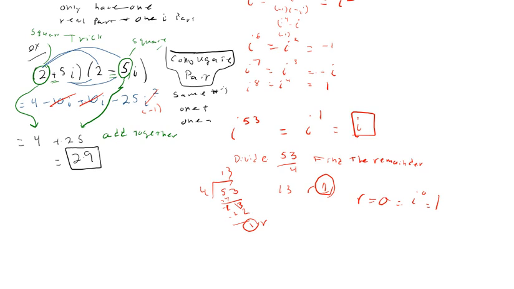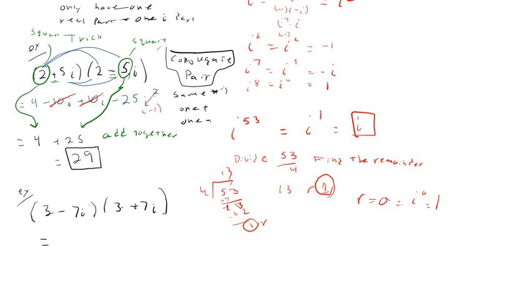So for example, everybody, if we had another one, 3 minus 7i times 3 plus 7i, what's the answer for this one? First, is this a conjugate pair?